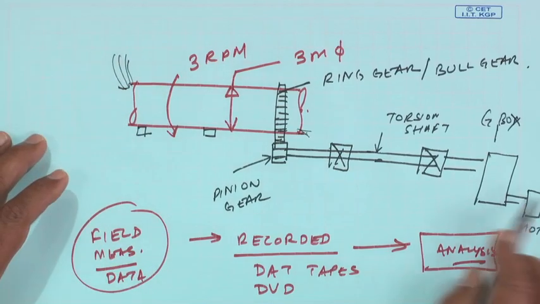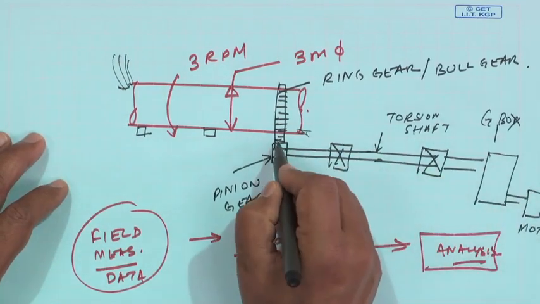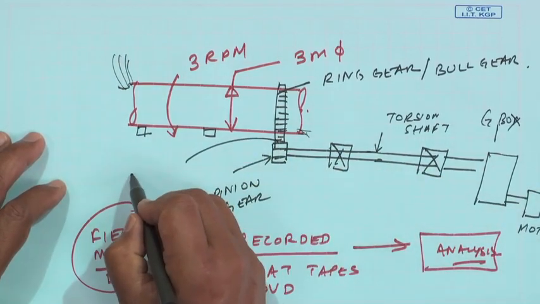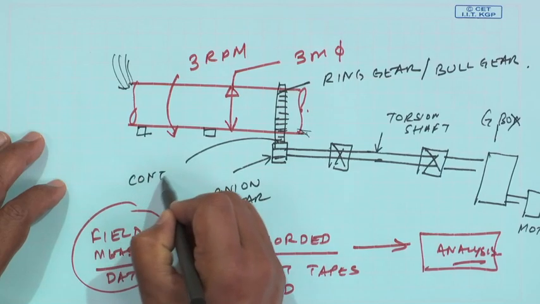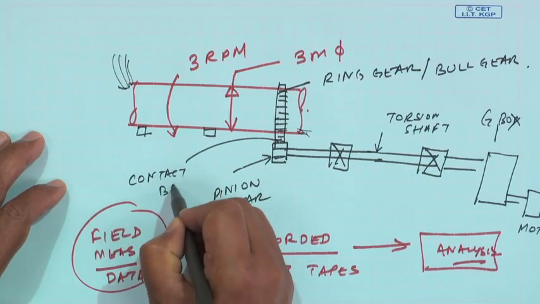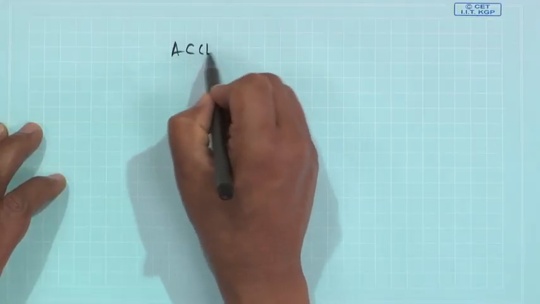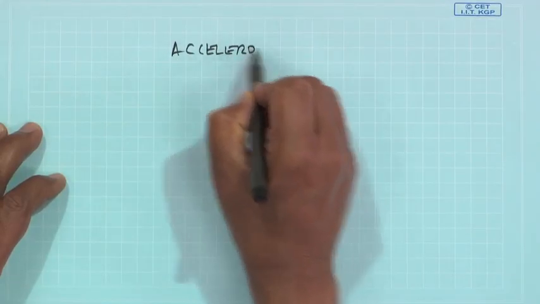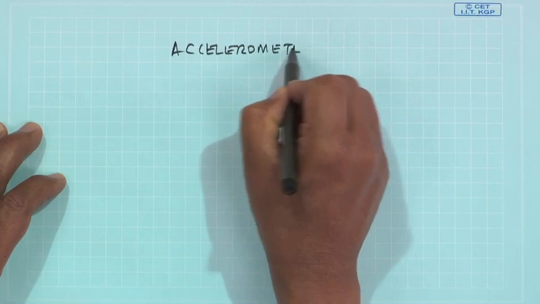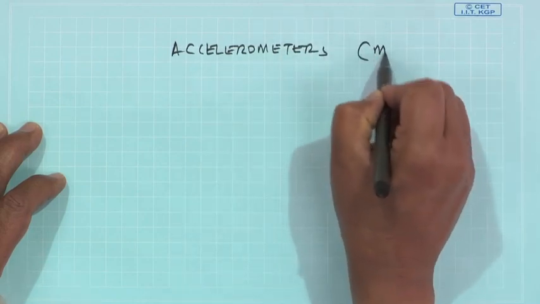This is one aspect of doing it, and this was monitored by what is known as contact based measurements. When we talked about contact based measurements, these accelerometers have some mass.